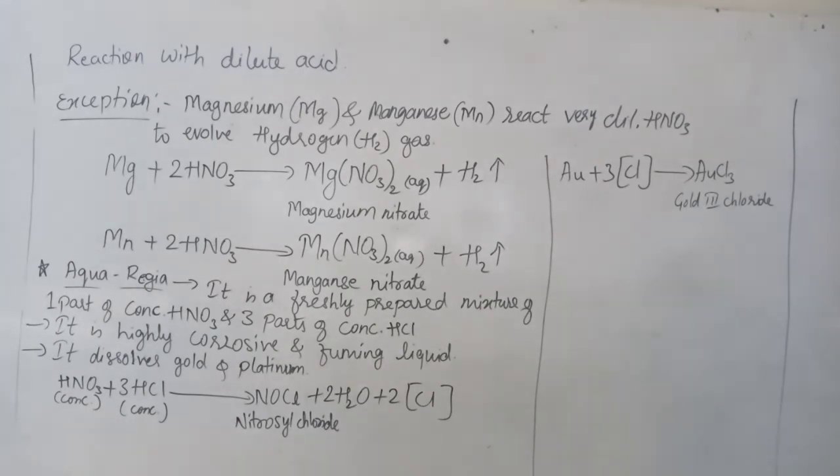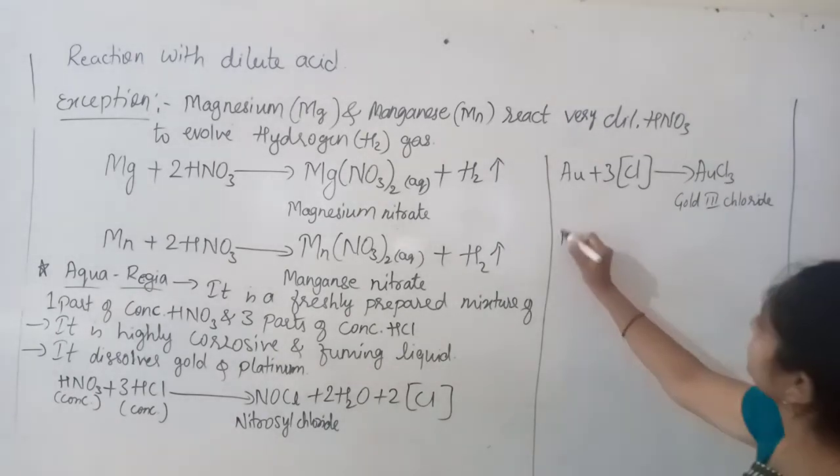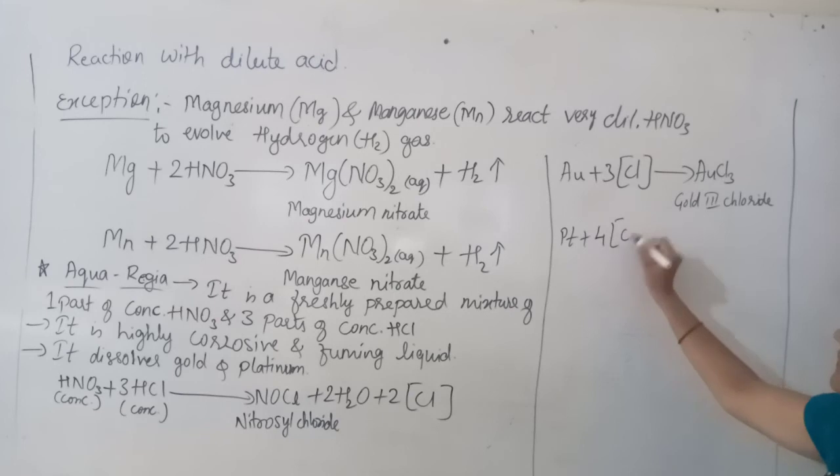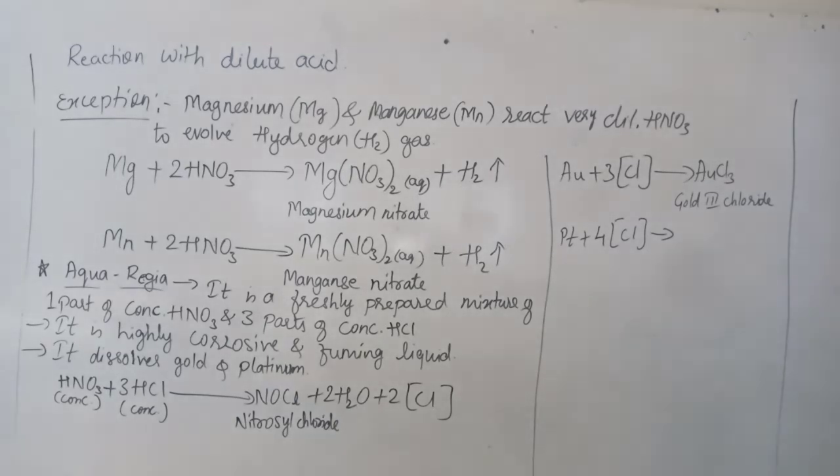Then next, platinum plus 4 molecules of nascent chlorine. The product formed is platinum 4 chloride, that is PtCl4. These are the chemical names for those products.